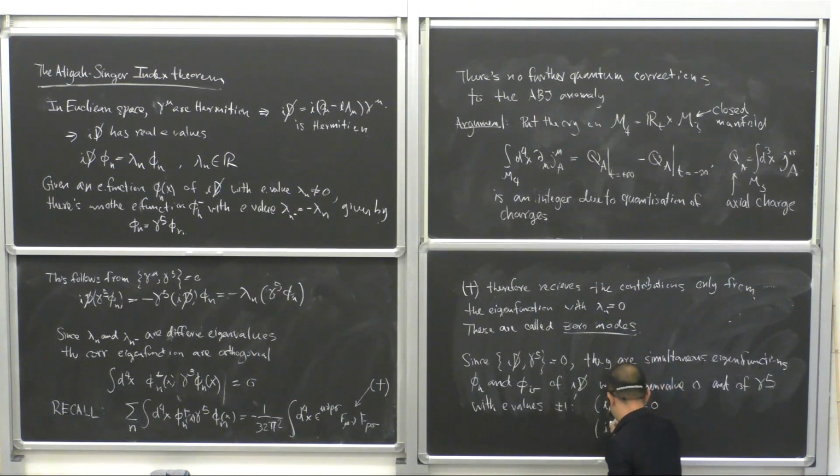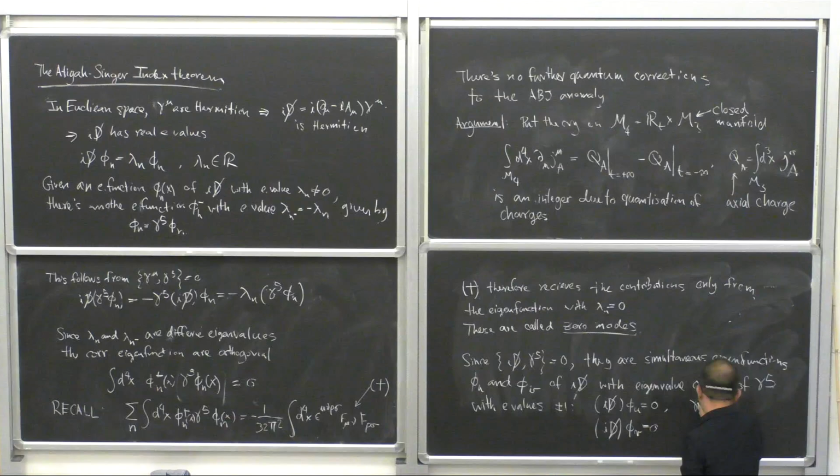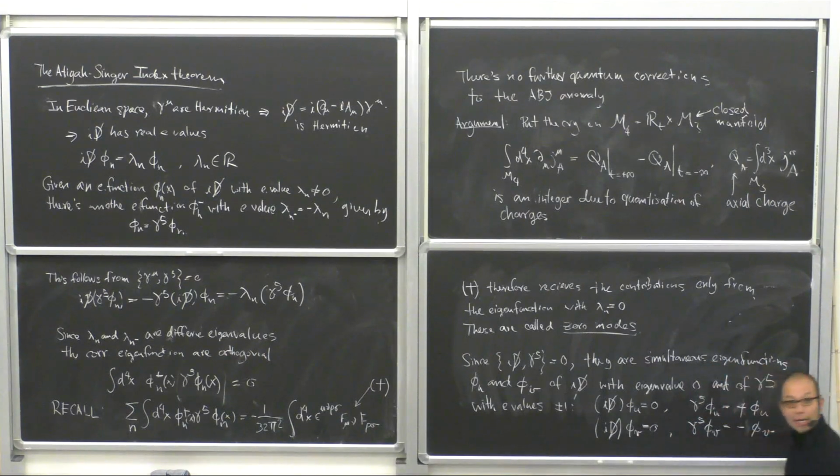The same for v. But if you hit it with gamma 5, you get plus 1 phi_u. And for v, you get minus phi_v. Is that clear?